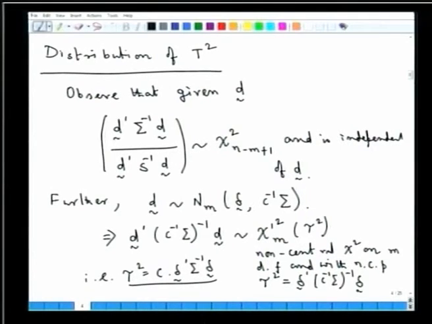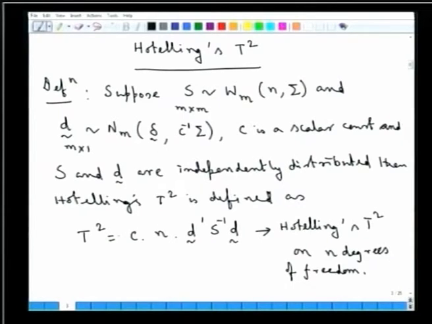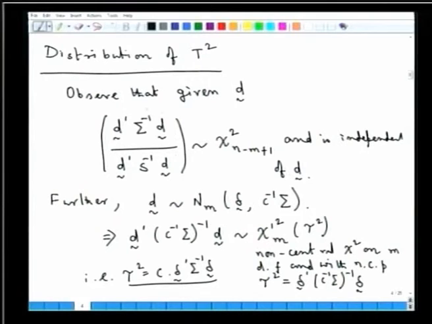So in order to get to this statistic's distribution, what we have used is the fact that this quantity here follows a chi-square on n minus m plus 1 degrees of freedom given d, and also since it is independent of the particular choice of d, the unconditional distribution of d prime sigma inverse d divided by d prime s inverse d follows a central chi-square on n minus m plus 1 degrees of freedom, and that is going to be independent of this second chi-square, which is c d prime sigma inverse d, a non-central chi-square.